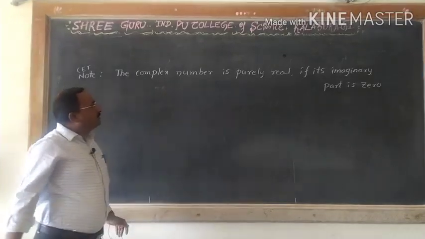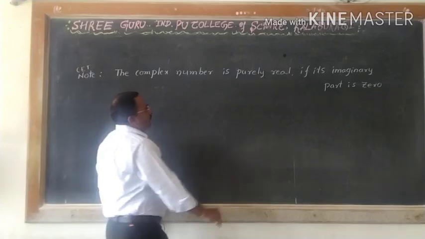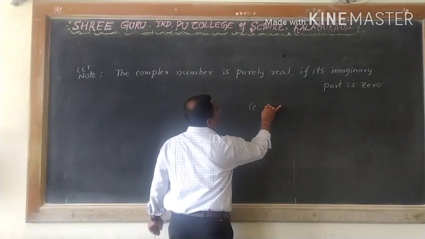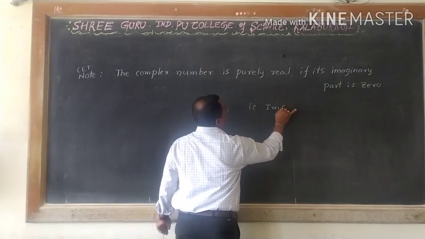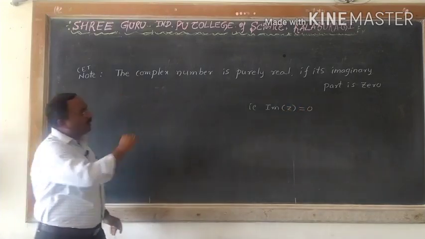The complex number is purely real if its imaginary part is 0. That is, Im of z is equal to 0. Purely real.